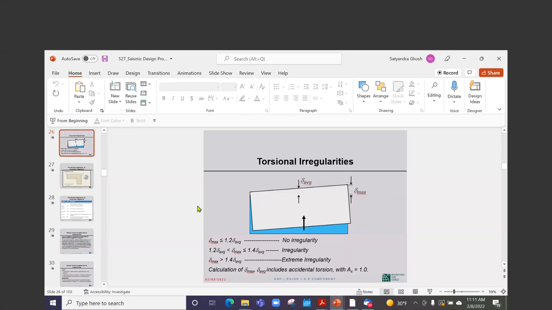So you can judge by comparing the deflections, the interstory drifts again, maybe not deflection, whether you have a soft story or not. Interstory drifts are the reciprocal of stiffness.